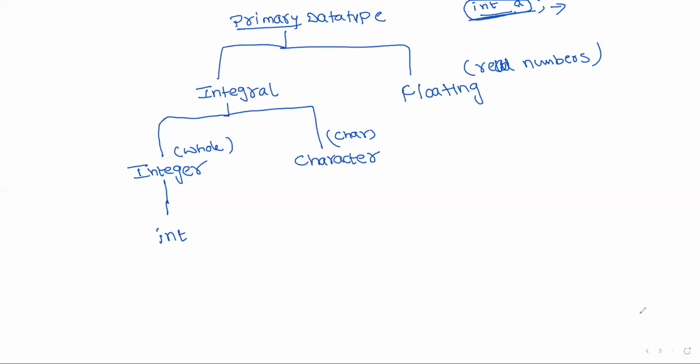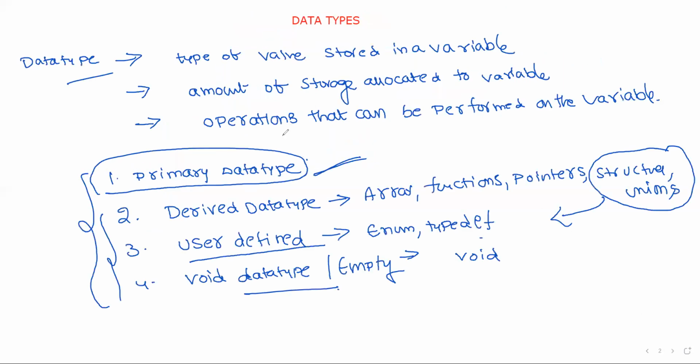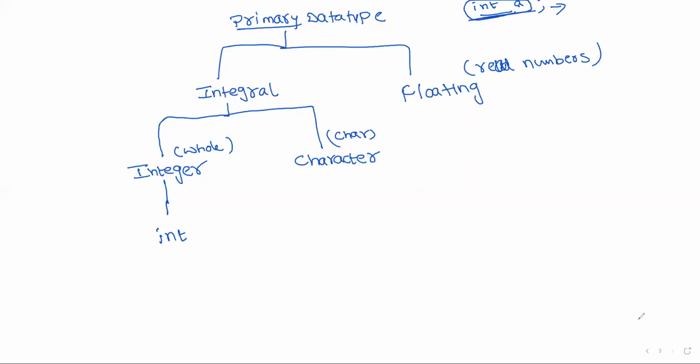That means in the definition of data type, what we discussed, we have to specify the amount of storage allocated to the variable. Whenever we are declaring, how much memory is allocated depends on the computer architecture we are using. Generally, we use 16-bit architecture and 32-bit architecture.